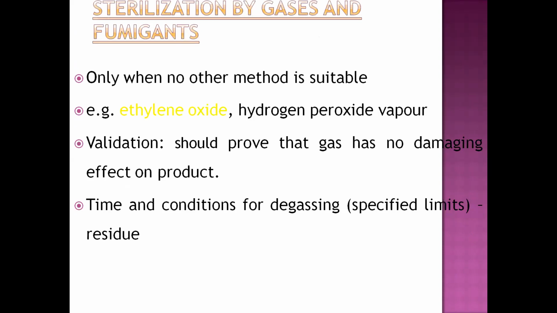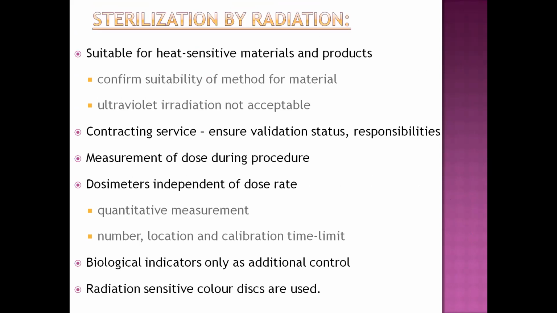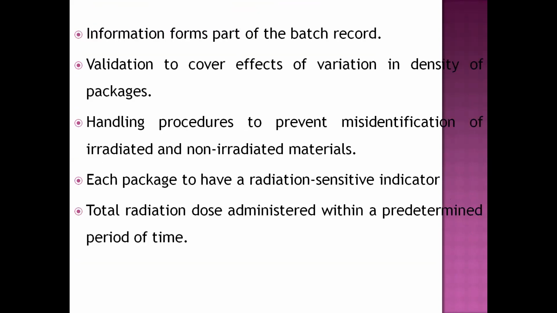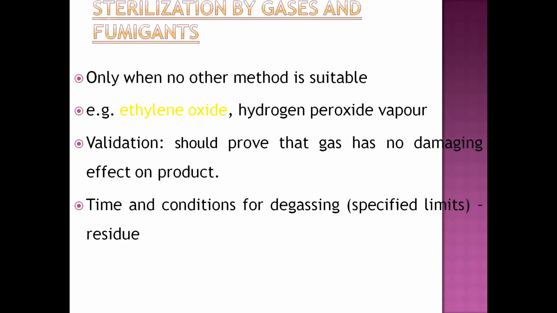Then that's about the radiation, sterilization by radiation. Let us see about the sterilization by gases and fumigants. So in this case, what type of products can be sterilized by gases? Only when no other method is suitable.